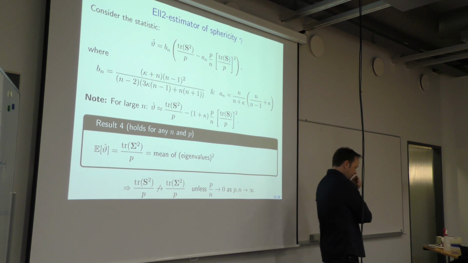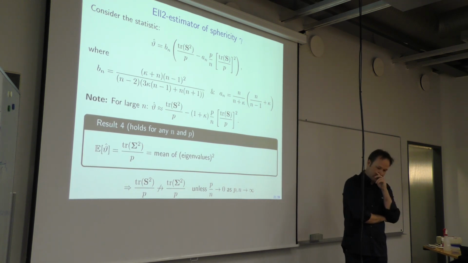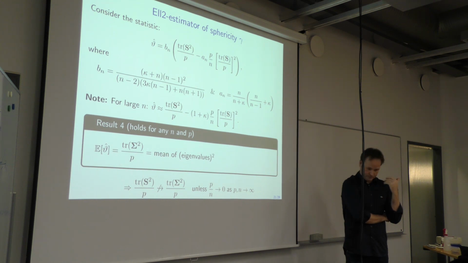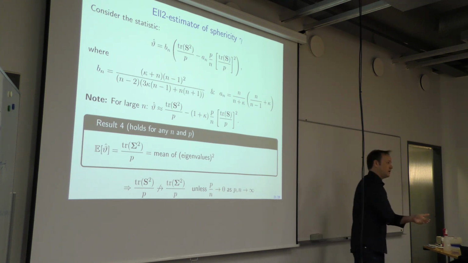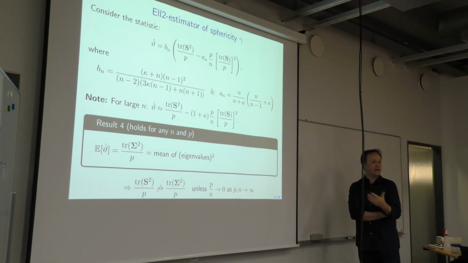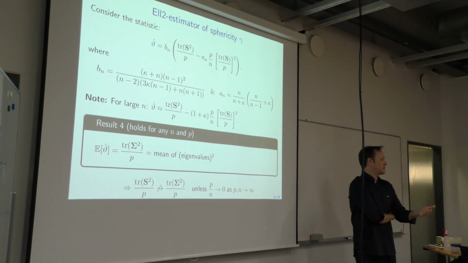And an immediate consequence of this is that if you take the mean of the squared sample eigenvalues of the sample covariance matrix, it's not a consistent estimator of the mean of the squared eigenvalues of the true covariance matrix. So you would think that plugging that in holds true, and you use that as your estimator, but it's not consistent.